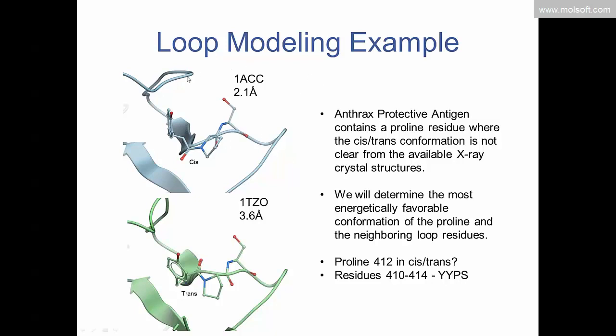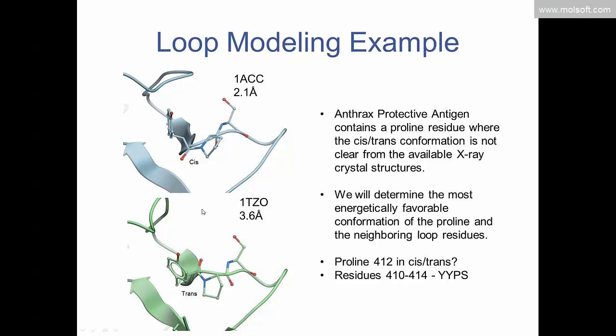It's an interesting example because there are two crystal structures: one here, a lower resolution, and a higher resolution structure. In this loop region, there's a proline, and the higher resolution structure actually shows it as a cis proline, whereas in the lower resolution structure, they've probably modeled it into the loop as trans.